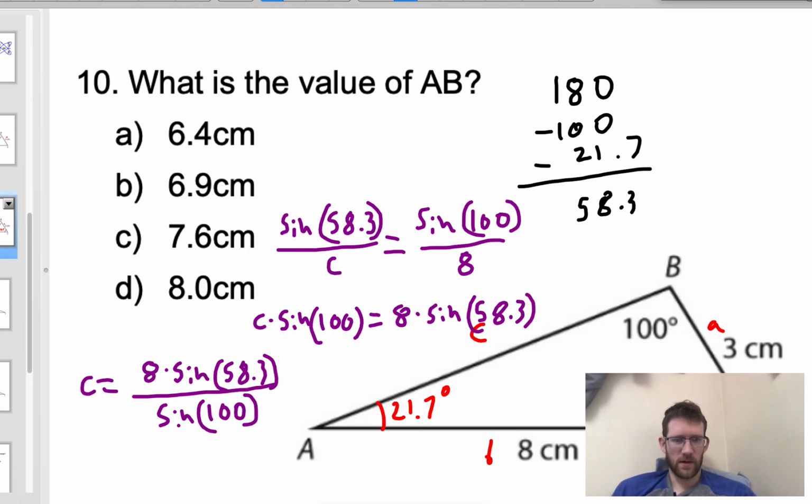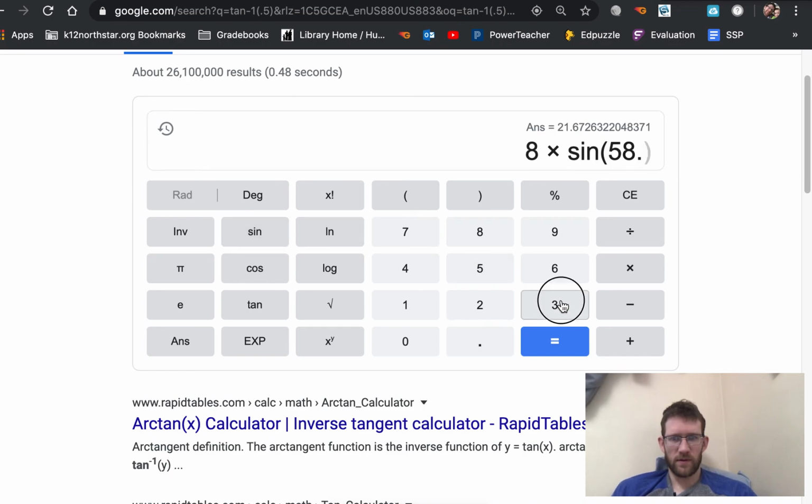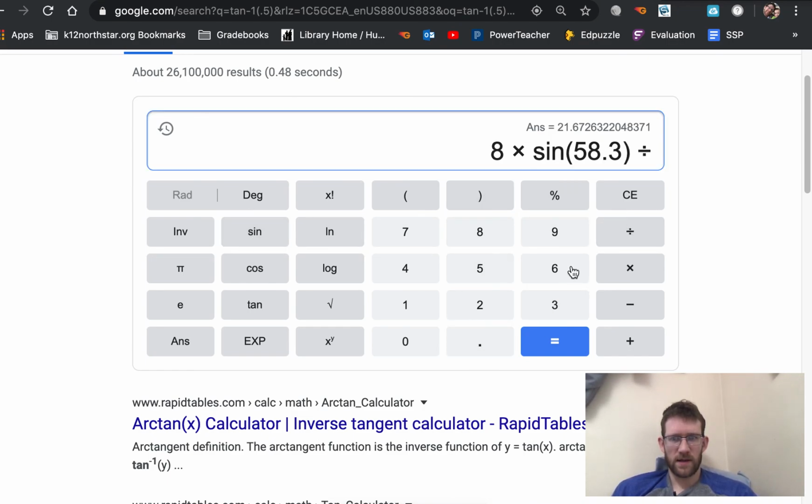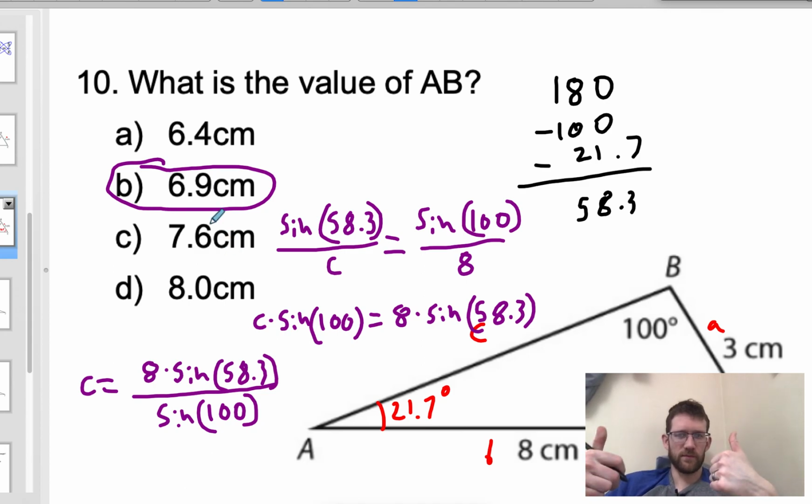Well, Mr. Calculator can do that. 8 times the sine of 58.3, divide it by the sine of 100. And we got 6.91, which rounds down to 6.9. Cool.